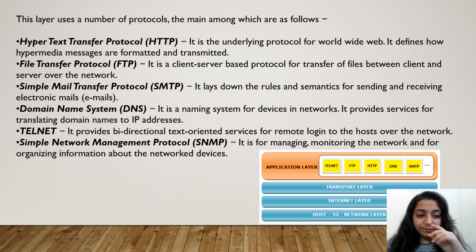Next is Telnet. Telnet provides a bidirectional text-oriented service. Next is Simple Network Management Protocol (SNMP). It is used for managing and monitoring the network, and for organizing information about network devices.